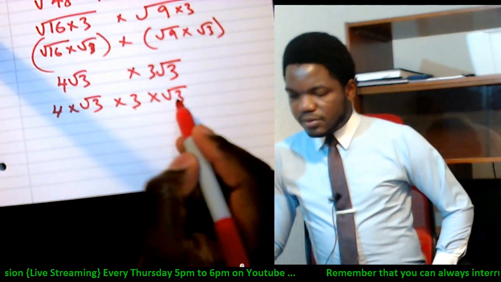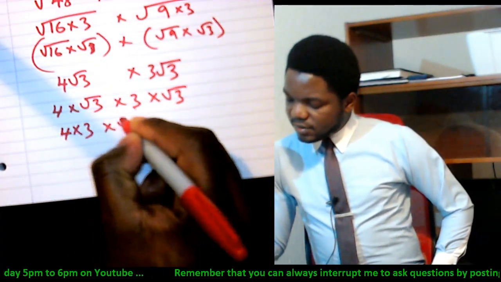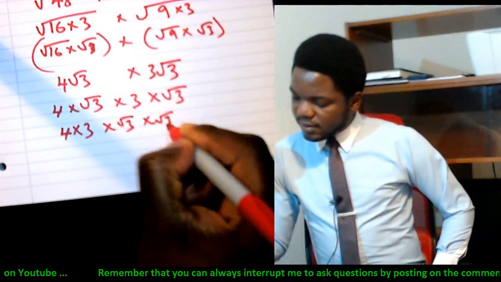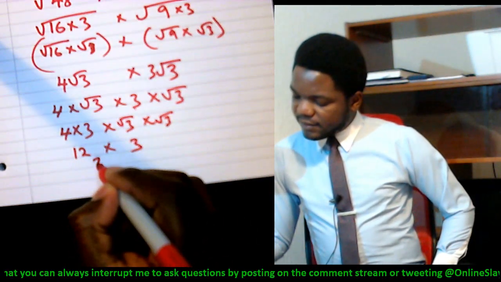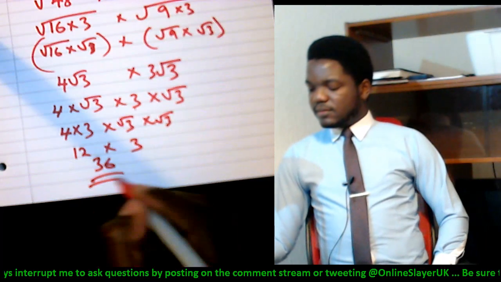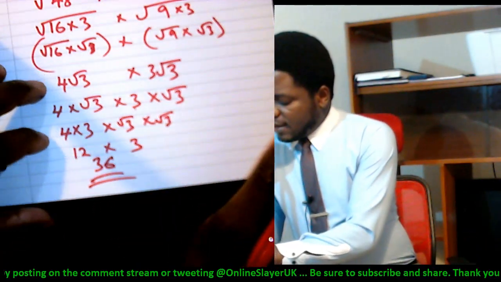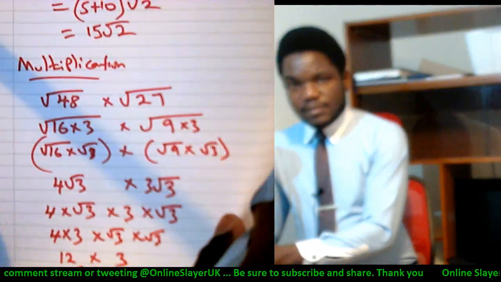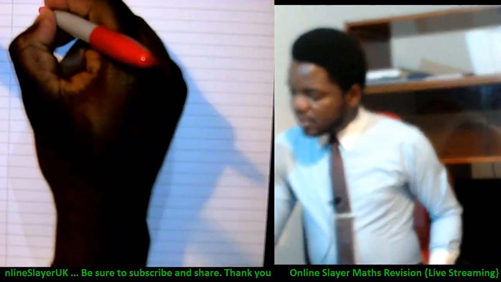Root 3 times root 3 is 3. So you've got 12 times 3, and that gives you 36 as your answer. Okay? So like I said, even if they were not in the same surd form, it would be as easy as it just was here.